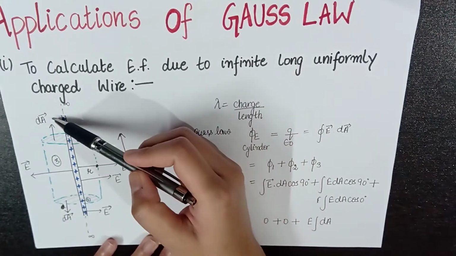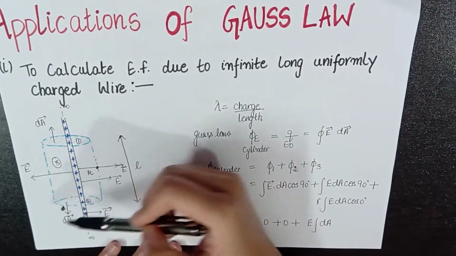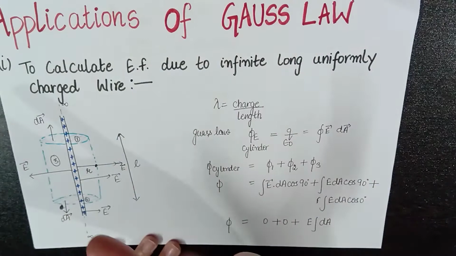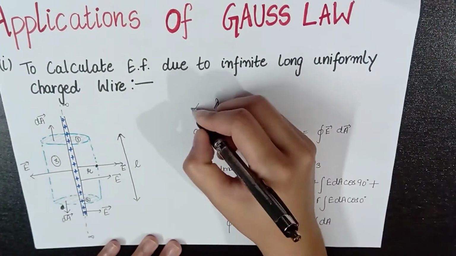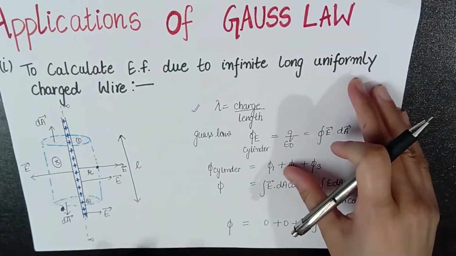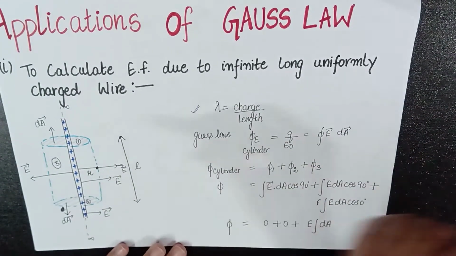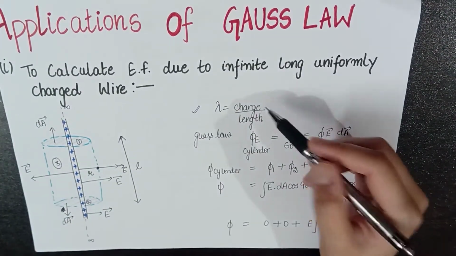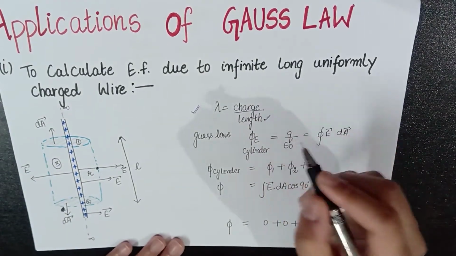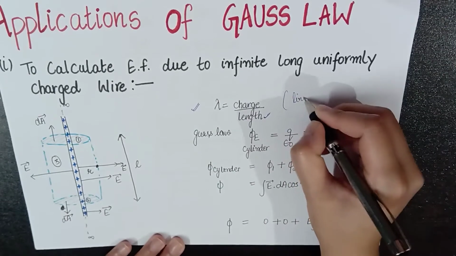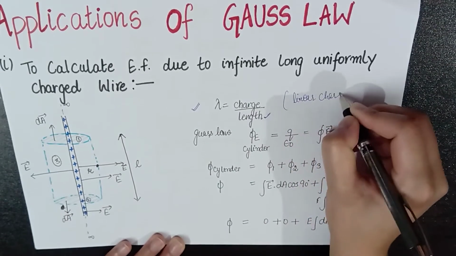The first one is the upper surface, the second one is the downward surface, and the third is the curved surface of the cylinder. Also we have to consider lambda, where L is the length of this cylinder, and we consider the charge per unit length, that is the linear charge density.